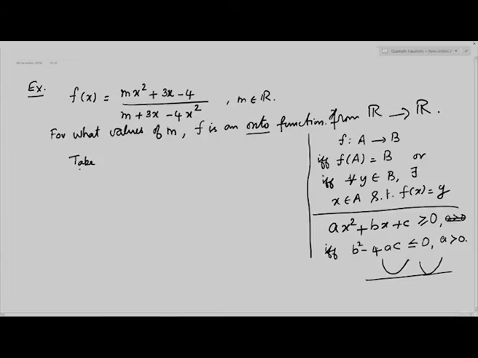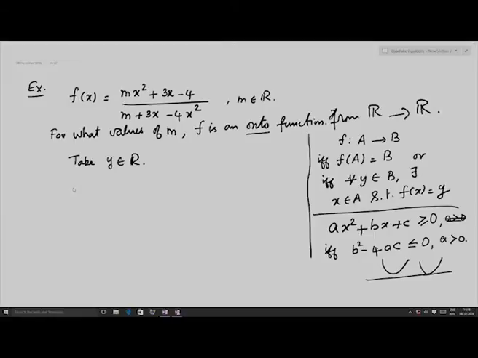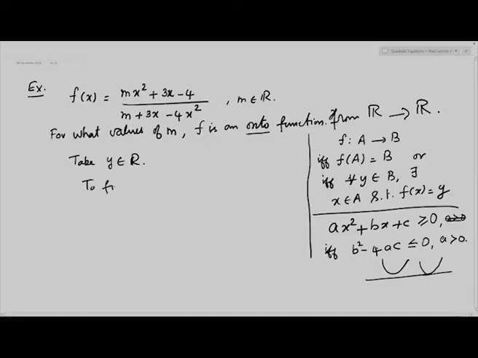Now take y in R. Suppose there exists some x such that f of x is equal to y, then we say it is onto. Now we have to find how to find the x such that f of x is equal to y. So our aim is to find x in R such that f of x is equal to y.